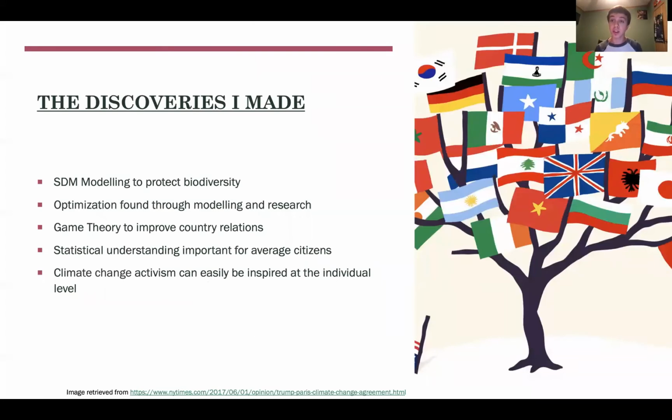The discoveries I made through my research was that SDM, or species distribution modeling, is what we use to protect biodiversity, because we want a healthy and wide array of species, whether it be animals, plants, and all that stuff in our environments to keep the globe healthy.